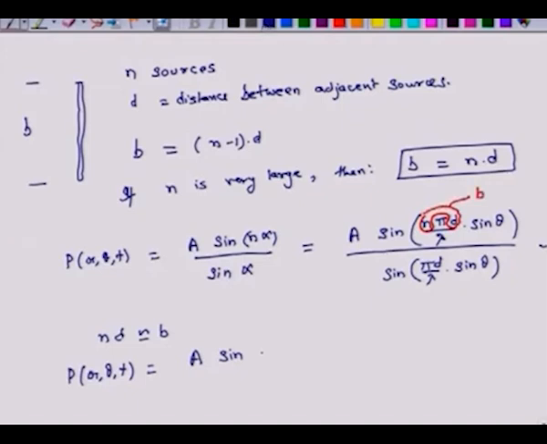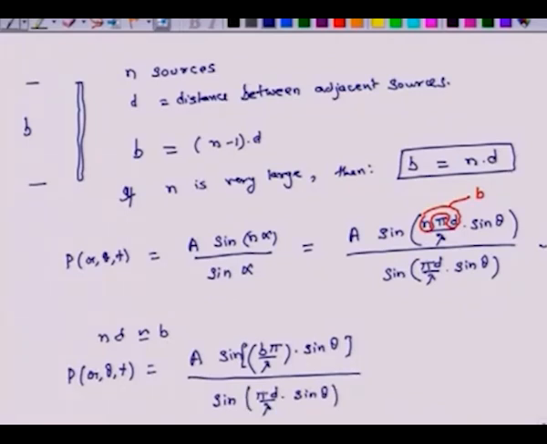So, I get b pi over lambda times sin theta divided by sin pi d over lambda times sin of theta.